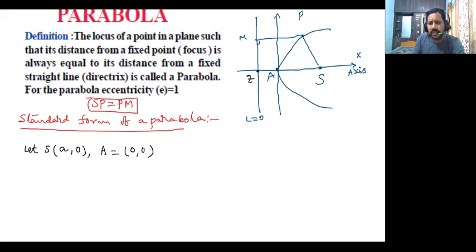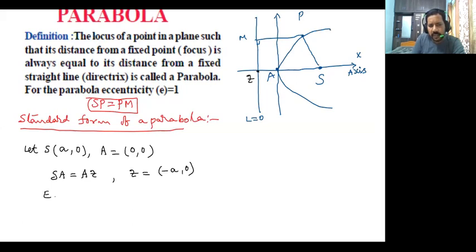Here we know that SA is equal to AZ. These two distances are equal. Now, what is the Z point? Z point is (-a, 0). By observing that, what is the equation of the directrix? The directrix passes through Z, at x equal to -a.